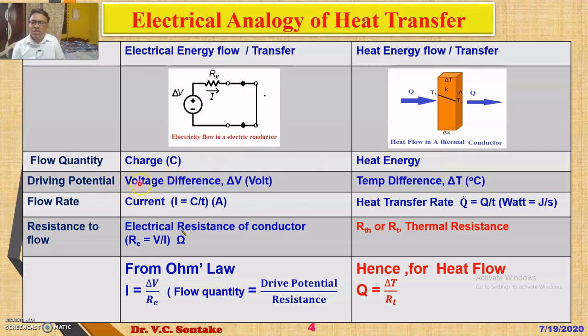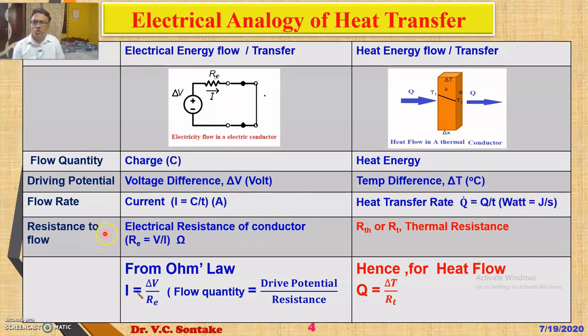The driving potential will be voltage difference in volt and temperature difference in degrees Celsius in heat transfer. The flow rate will be current, which is nothing but charge flowing per unit time in ampere in case of electrical transfer, and heat transfer rate will be amount of heat flowing per unit time in watt in case of heat transfer.